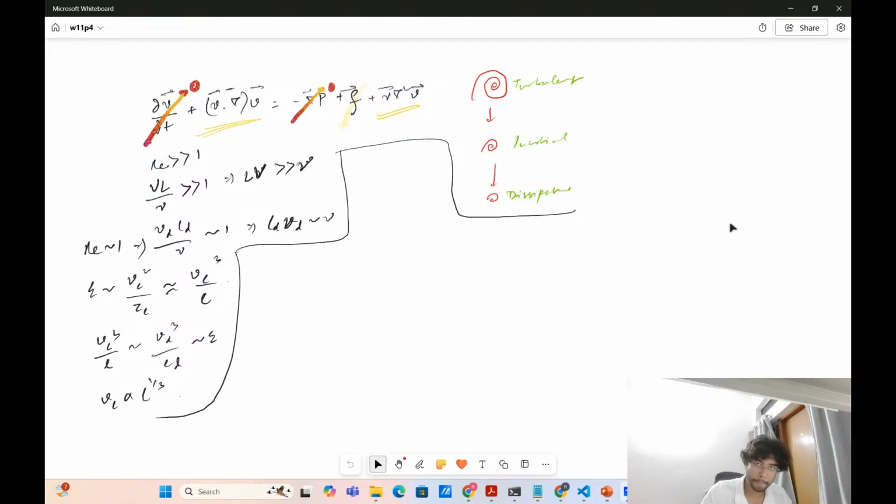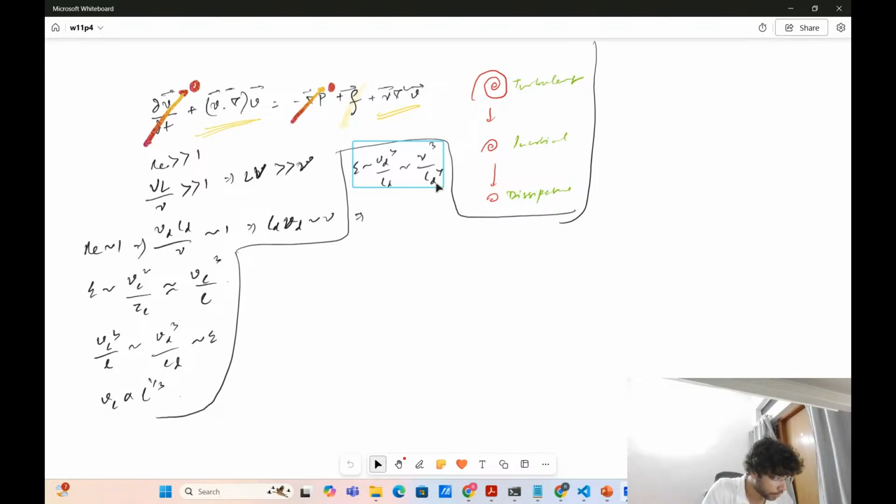Okay, so epsilon is proportional to Vd cubed by Ld, which is proportional to nu cubed by Ld to the power of 4. So we're just using this relation, Ld Vd is proportional to nu, right? So we just replace Vd with nu by Ld. So this is nu cubed by Ld cubed, and there's one more Ld, so Ld to the power 4.